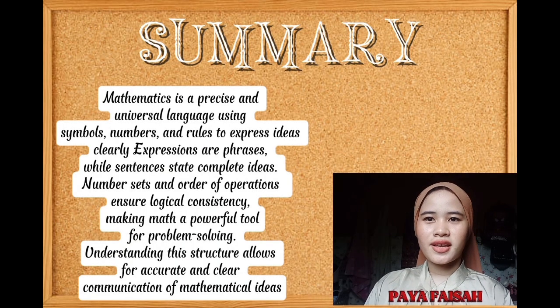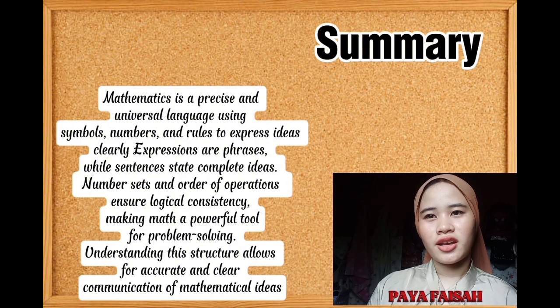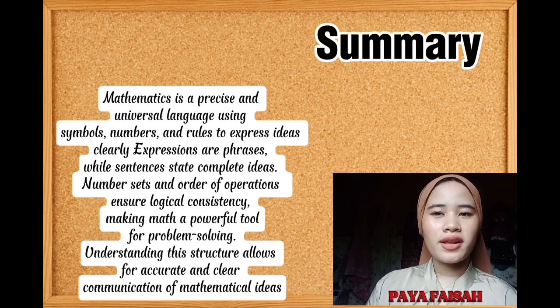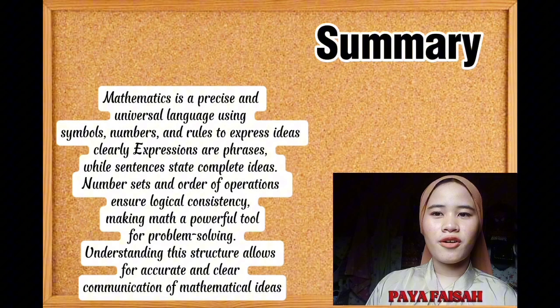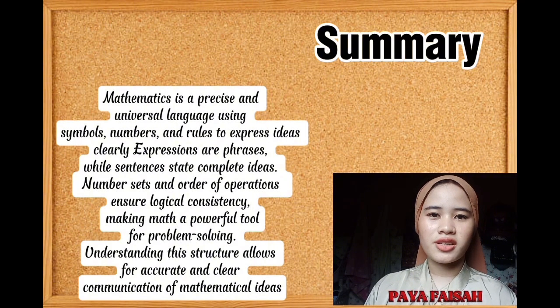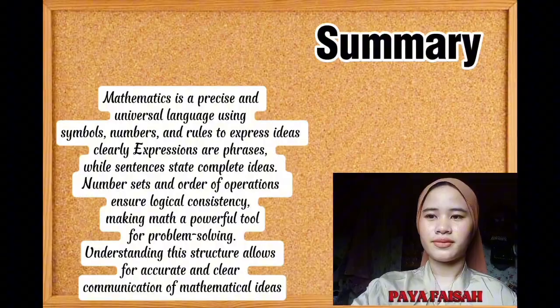Mathematics is a precise and universal language using symbols, numbers, and rules to express ideas clearly. Expressions are precise, while sentences state complete ideas. Number sets and order of operations ensure logical consistency, making math a powerful tool for problem solving. Understanding this structure allows for accurate and clear communication of mathematical ideas.